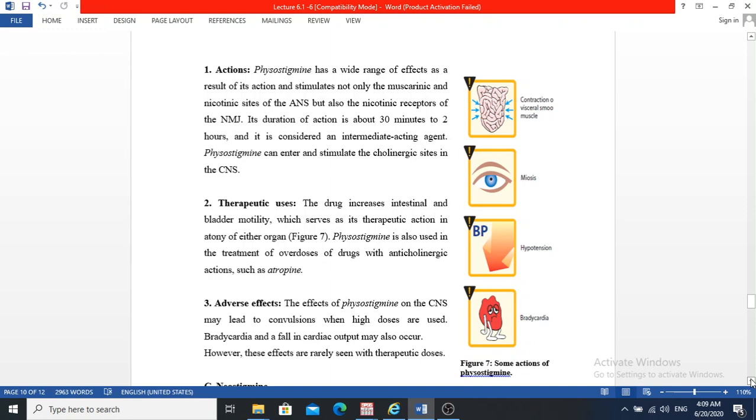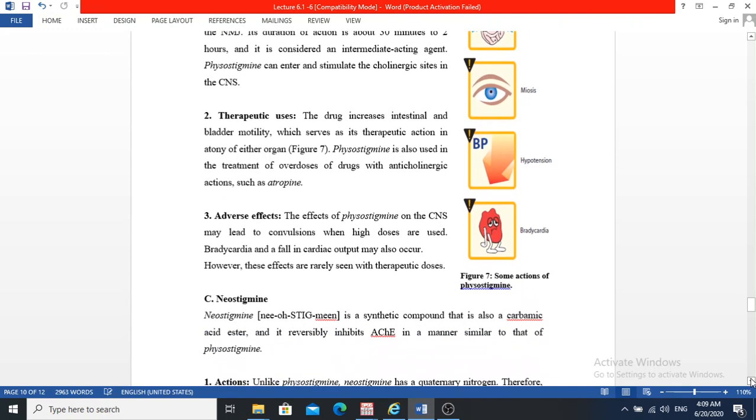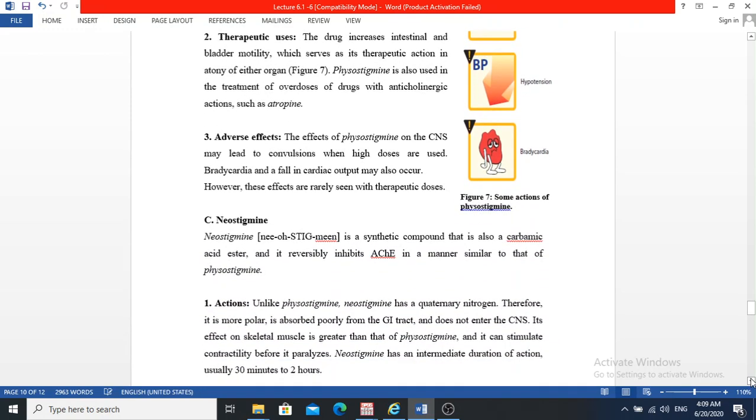It is also used in the treatment of overdose of drugs with anticholinergic action like atropine. Adverse effects: it may cause bradycardia and fall in cardiac output, and convulsions may also occur. Now let's come to neostigmine.